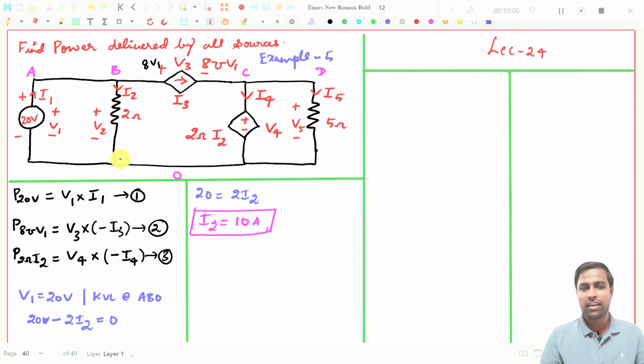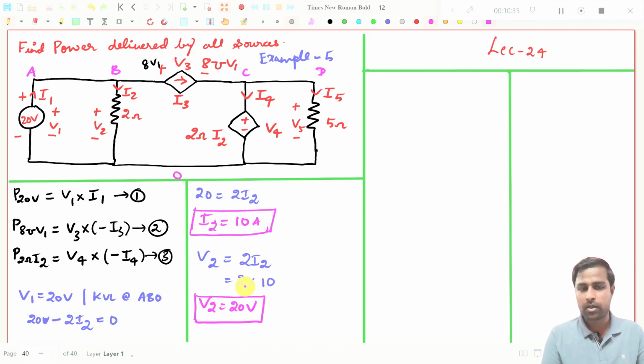I have to write the expression for V2 and travel in this direction. If I travel in this direction, the current is coming opposite to me, so you have to write 2 into I2. And what is I2? 2 into 10, that is nothing but 20. So obviously V2 should be 20 volt.